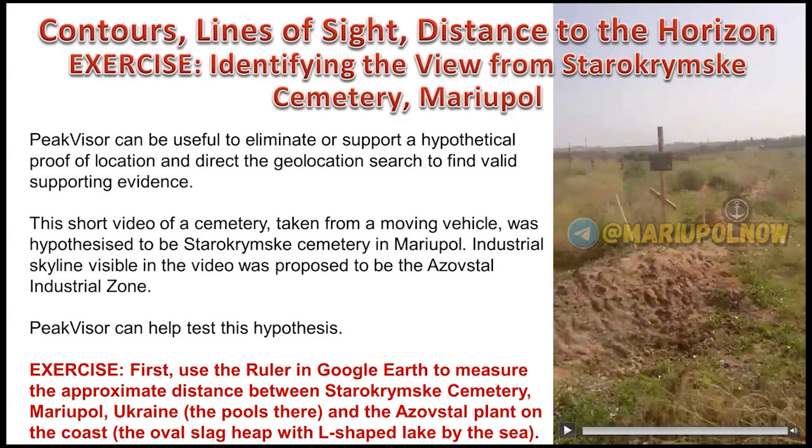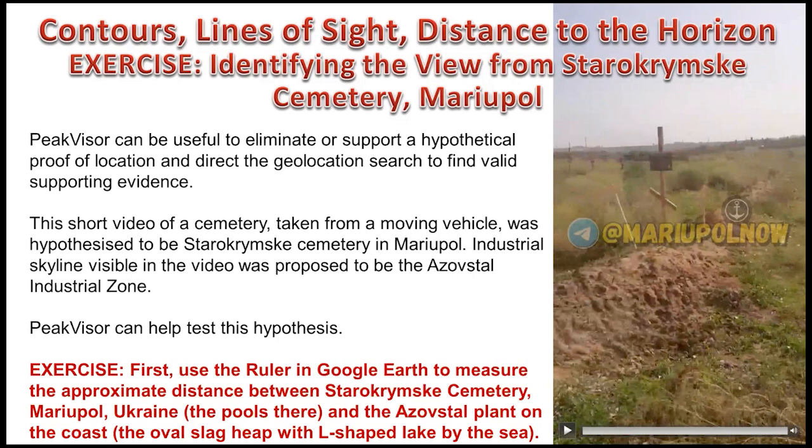So let's first just go into Google Earth and get ourselves the distance between Starokrimska and the Azovstal steel plant. So this exercise is really about being able to use PeakVisor in a very quick, dirty way to eliminate a lot of things. It's nothing to do with precision. It's almost the opposite. And it's a way that you can save yourself a lot of time.